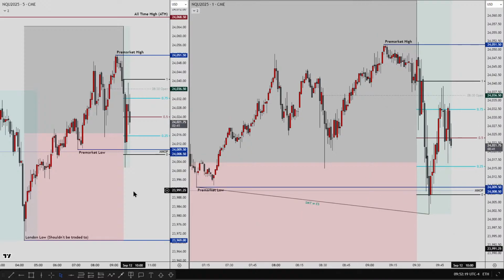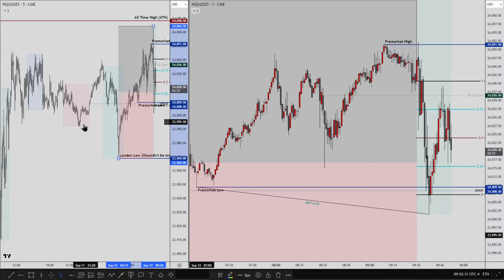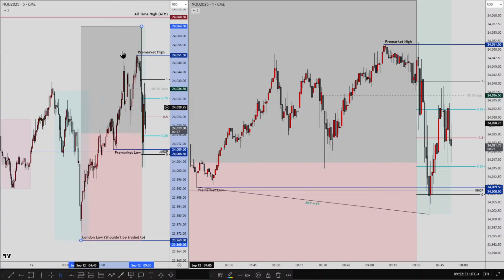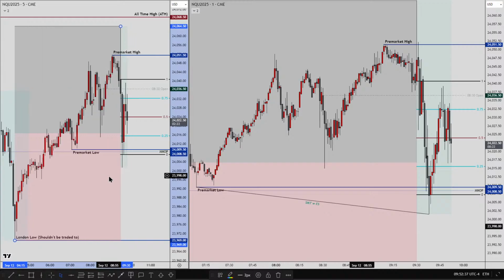Then if you look at the parent price movement that we're trading within, which is from the London low to the New York AM current high from the 9:30 candle, that there is the dealing range that we're working within, because it took out sell side, took out sell side, and it also took out buy side. So that's what allows us to use this as a dealing range. Trading into the discount of that, that's where you're going to get higher probability longs.